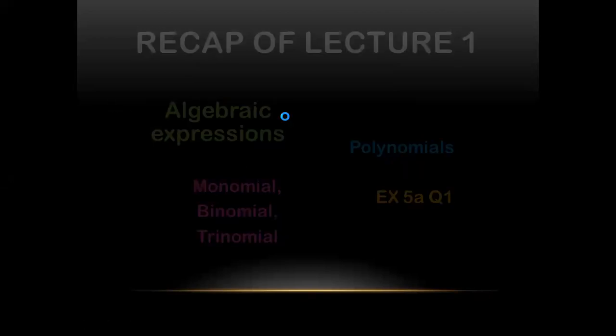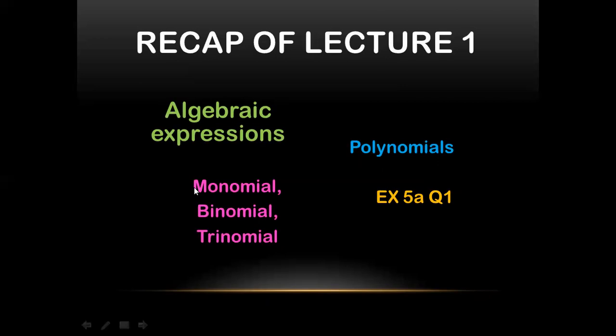So it's a combination of these things. And the monomials, binomials and trinomials are the algebraic expressions with 1 term, 2 terms and 3 terms respectively. Bi means 2, tri means 3, and polynomials are also algebraic expressions. All the polynomials are algebraic expressions.